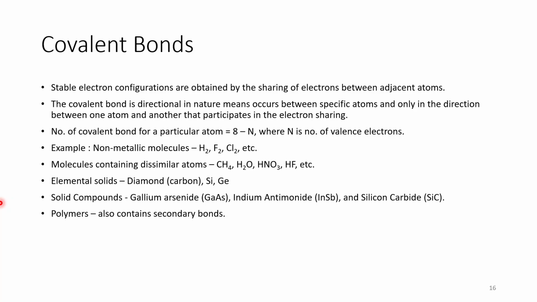Polymers also contain secondary bonding. When you go along the chains, you have covalent bonding, and between two different chains you'll find secondary type of bonding.